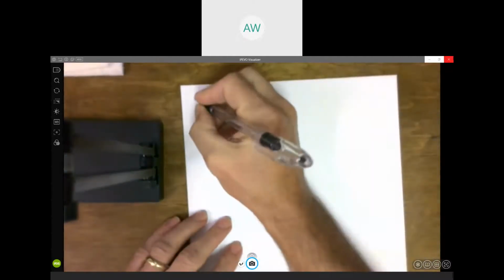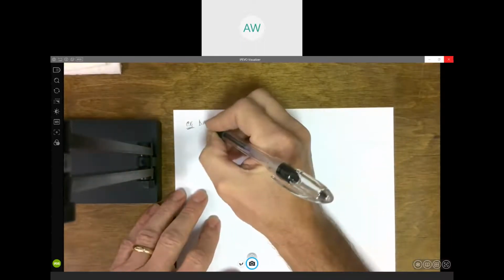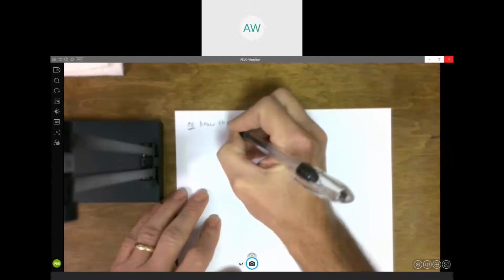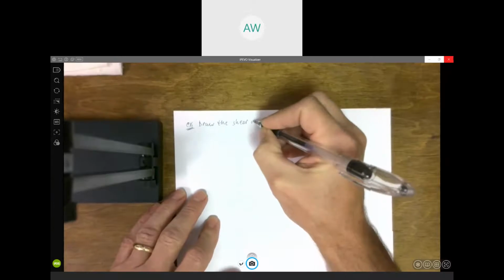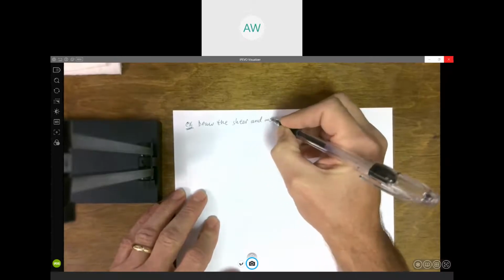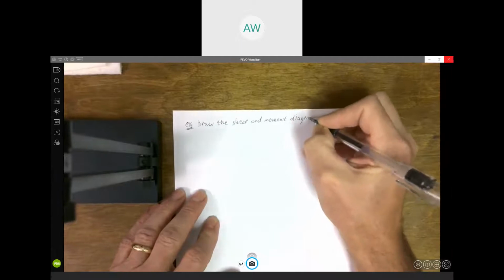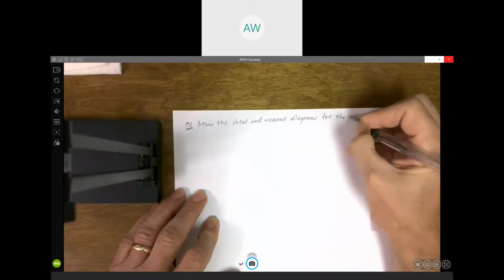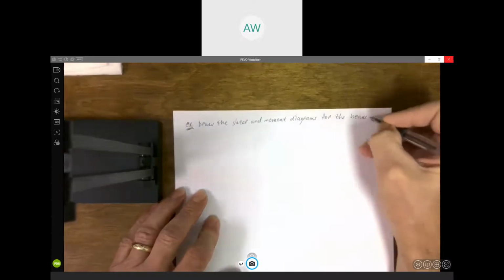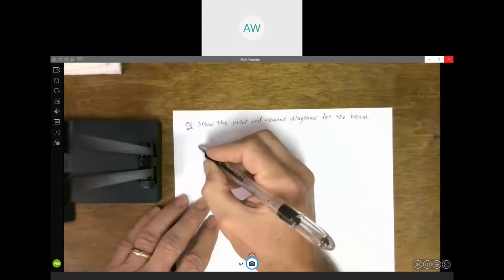All right, so let's see if we can draw the shear and moment diagrams for this beam. All right, so we've got a beam. Let me draw the picture.